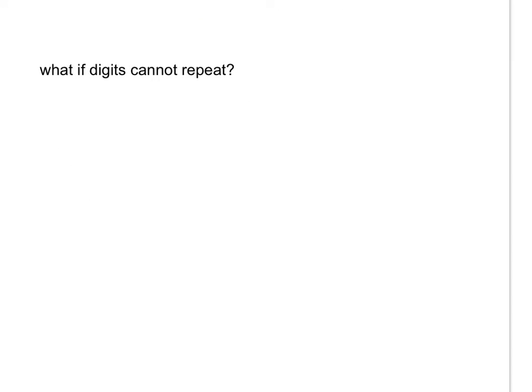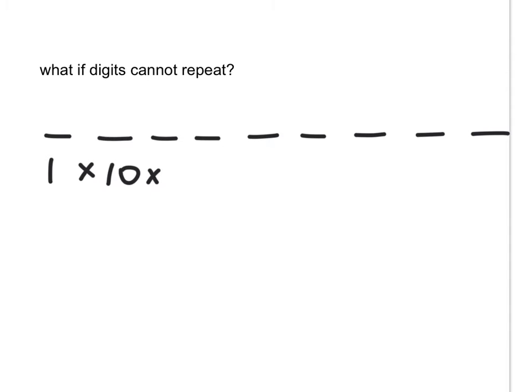What if digits cannot repeat? Have a look. So we have 1, 2, 3, 4, 5, 6, 7, 8, 9. Again, this must begin with 6, so for the first one, we've no option. For the second one, we've 10 options. Or have we? Hold on. Let me reverse for a second.